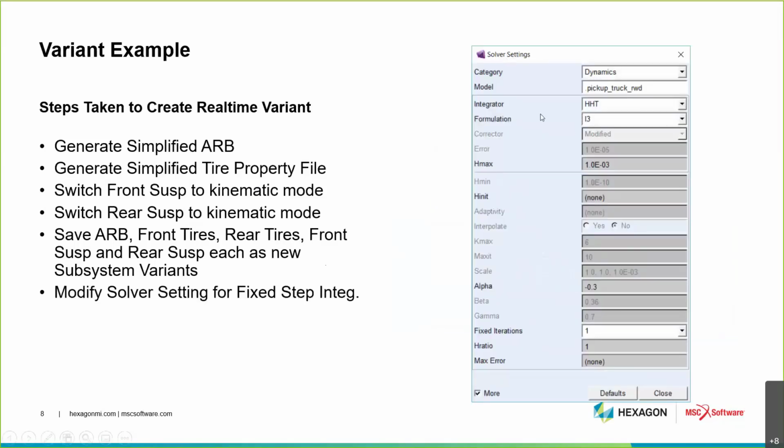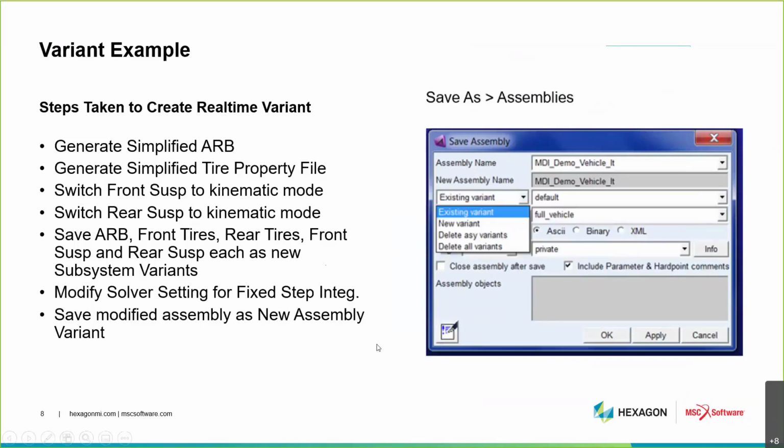I then go in and set my solver settings so that I have chosen an HHT integrator. Fixed integrations are turned on, in this case with a default H ratio of 1. And you might make other changes, but this is just an example.